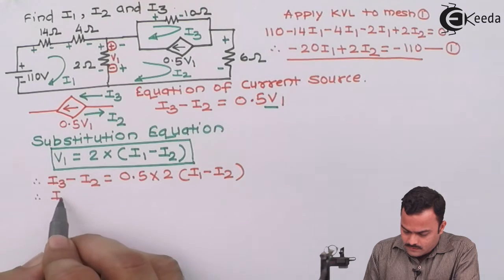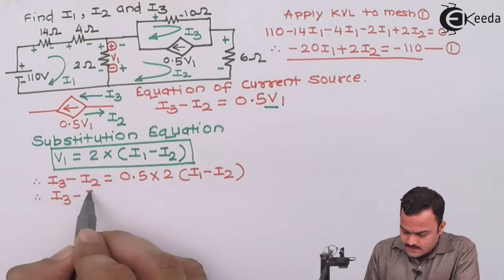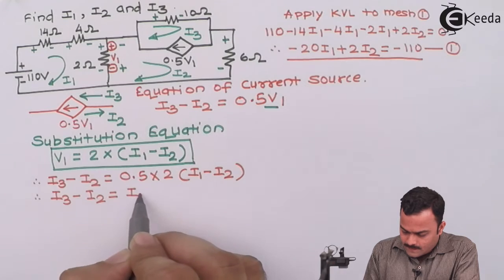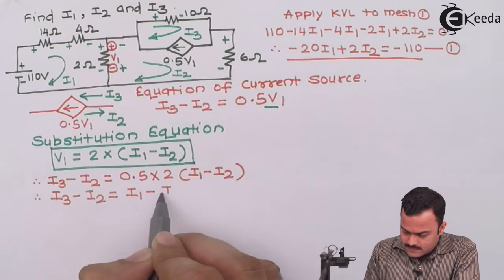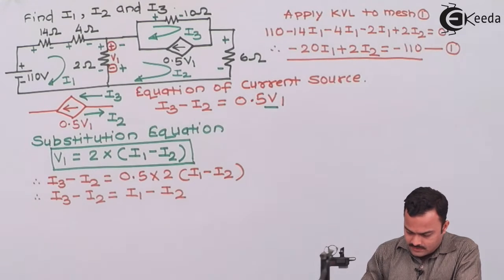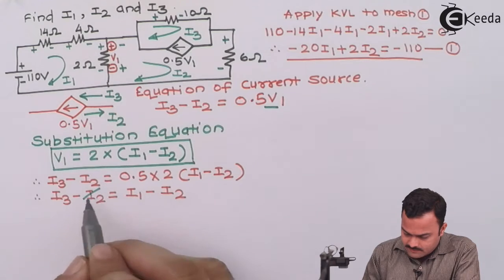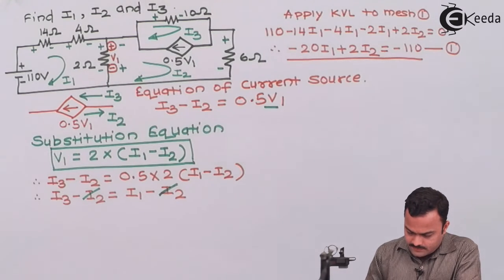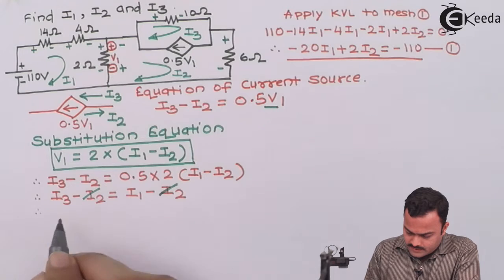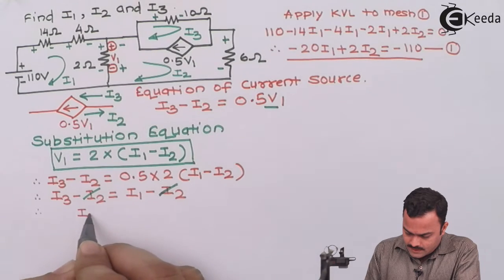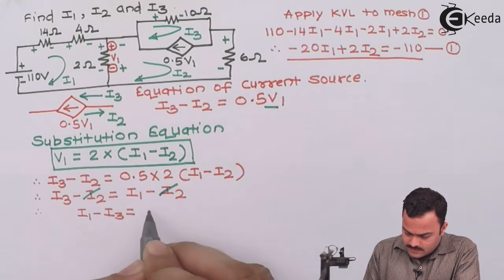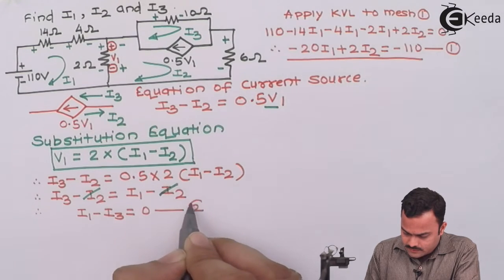So I3 minus I2 equal to I1 minus I2. We can cancel this minus I2 from both the sides. So ultimately the equation that we will get is I1 minus I3 equal to 0 as equation number 2.